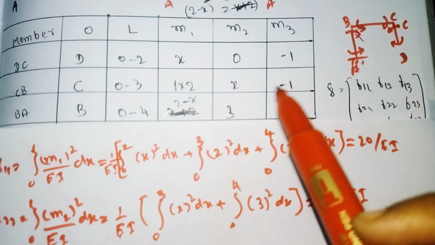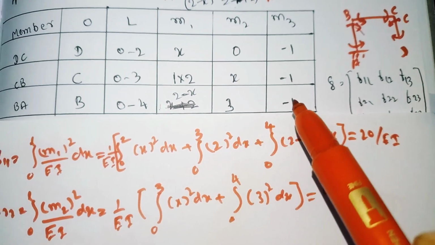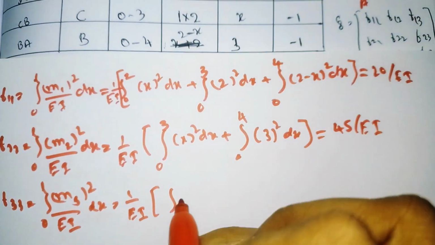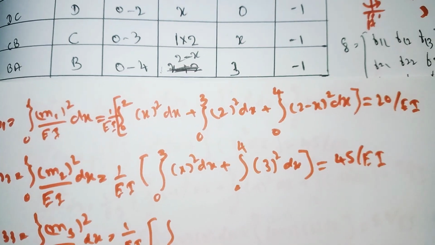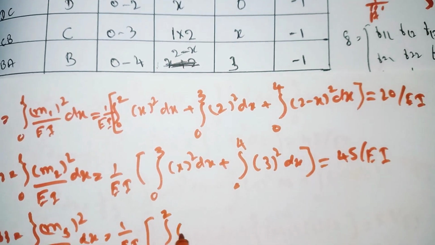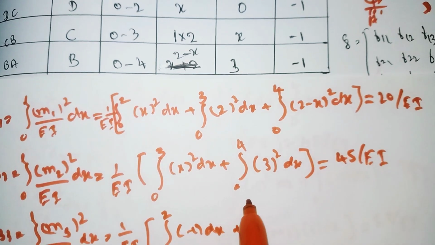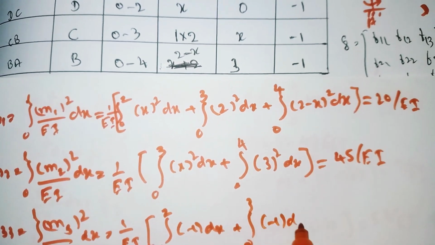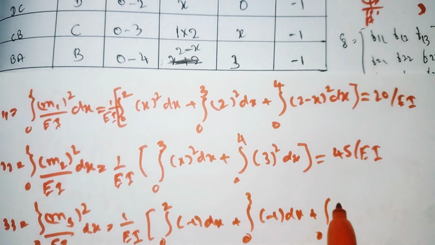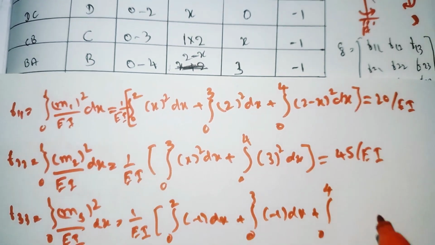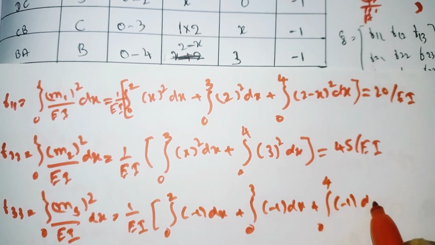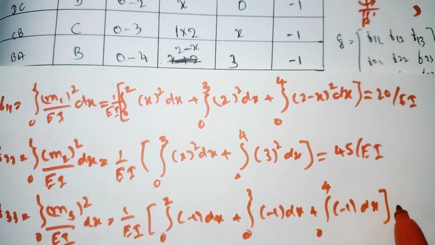We have the value -1 for DC, CB and BA. Limit for DC is 0 to 2, -1 dx, plus integration of 0 to 3, -1 dx, plus integration of 0 to 4, -1 dx. Close the bracket.